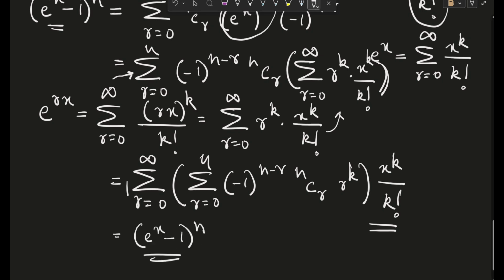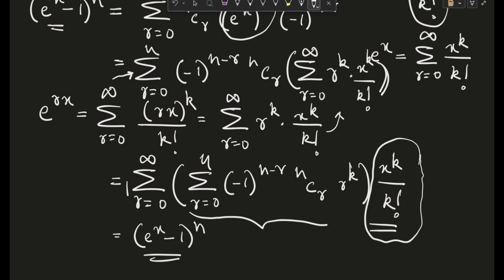In this particular expansion of e power x minus 1 whole power n, the coefficient of the term x power k by k factorial, where k can be anything from 0 to infinity, will be this thing. That is why I wrote this like this. I will write this also: the coefficient of x power k by k factorial will be equal to this. That was the reason behind why I wrote it like this. I hope this was clear.